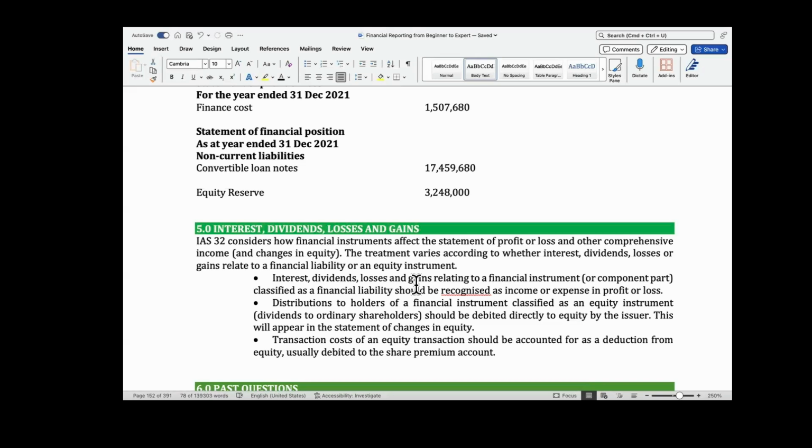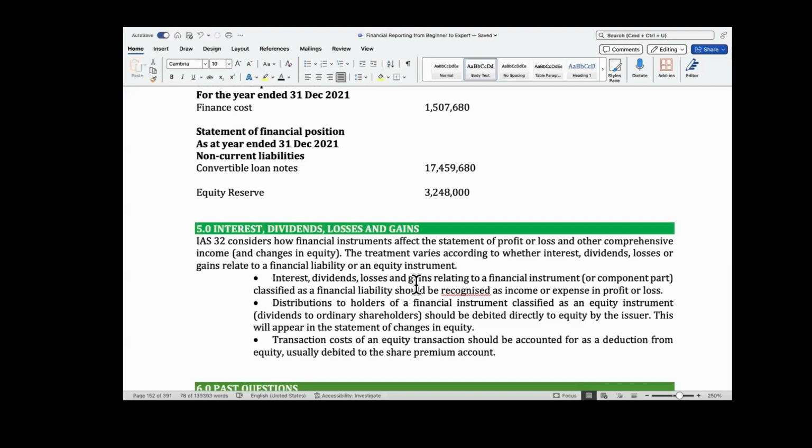I mean, it will be treated as a deduction from retained earnings in the statement of changes in equity.